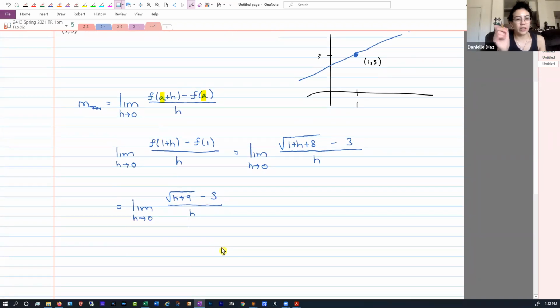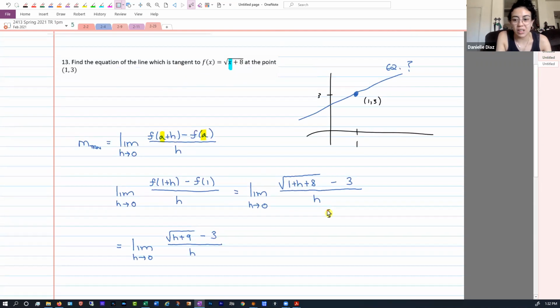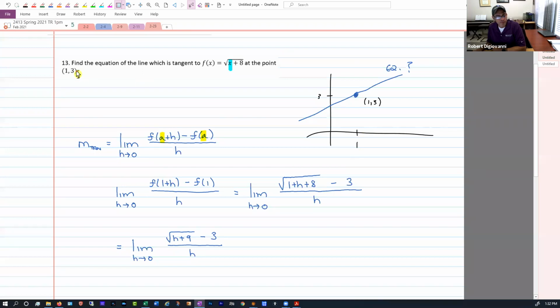Really quick, when you put f of 1, wouldn't we already know that it's 3 because it's given to us, so we don't really even need to think about the math on that one? Exactly. If they give you the point (1, 3), then in some way you already know what this is without having to do any math.